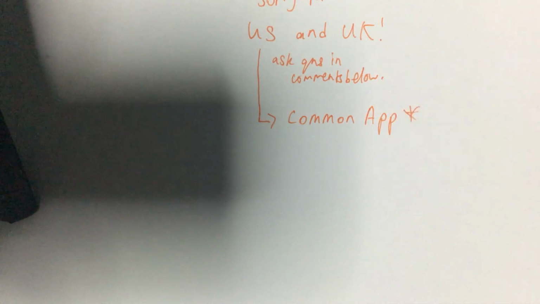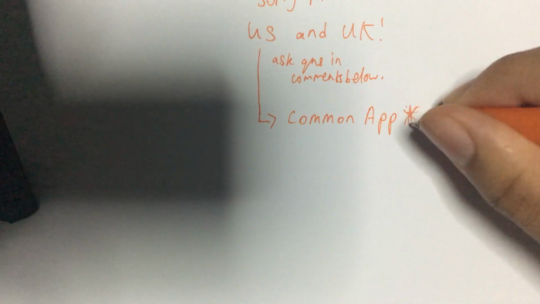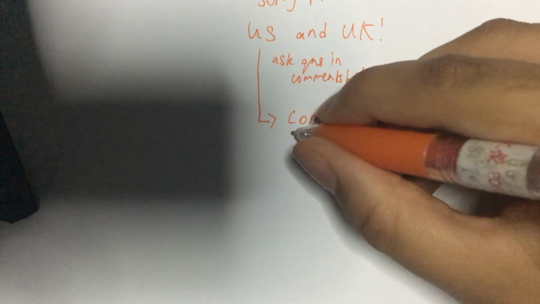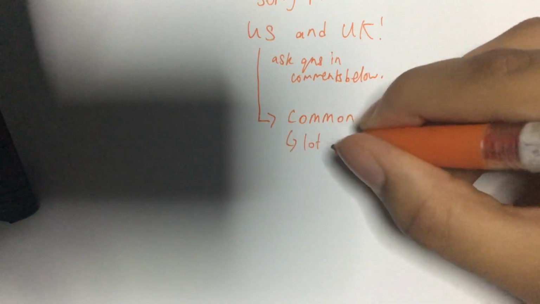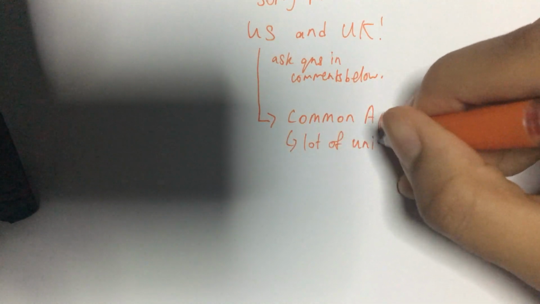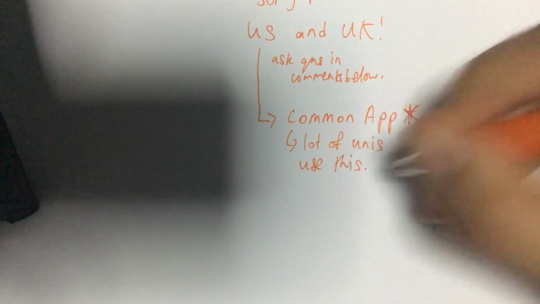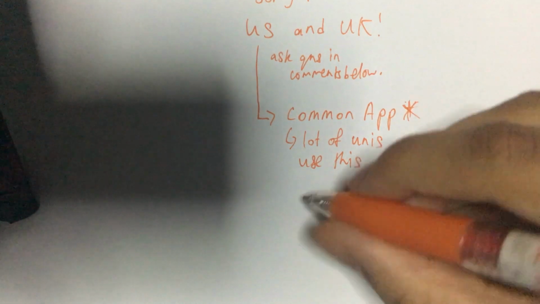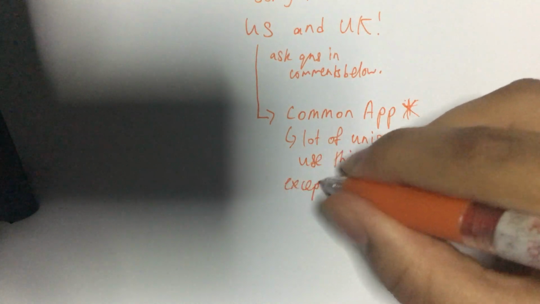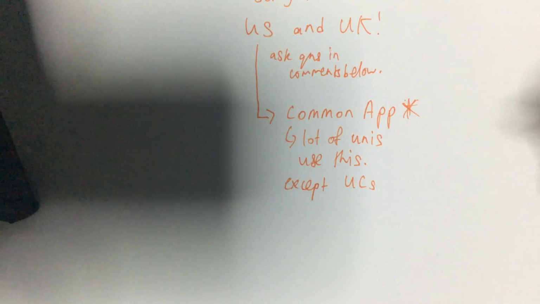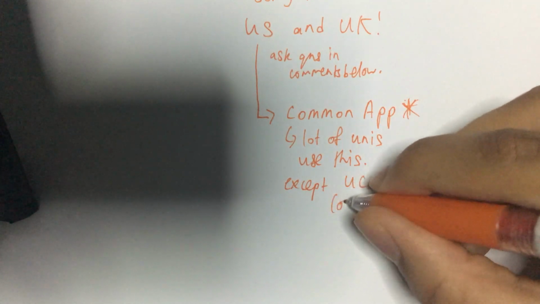Most of the Ivies and most of your universities are covered by the Common App, and you can use that to apply to all the schools at the same time. But there are some exceptions, like the UC colleges, who have their own application portal, and you have to do that separately.